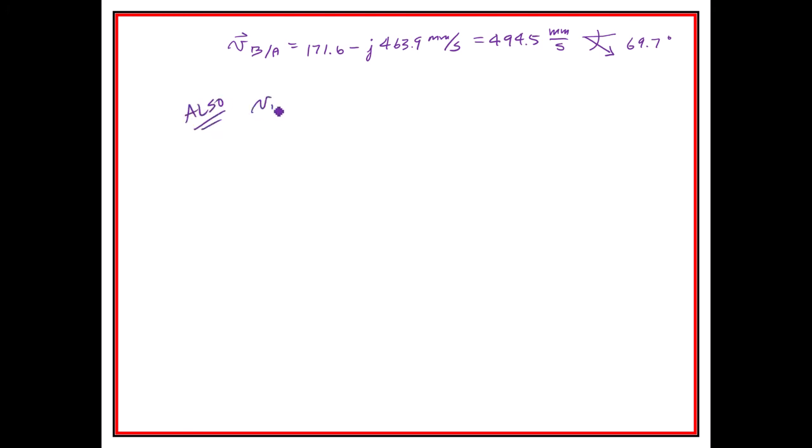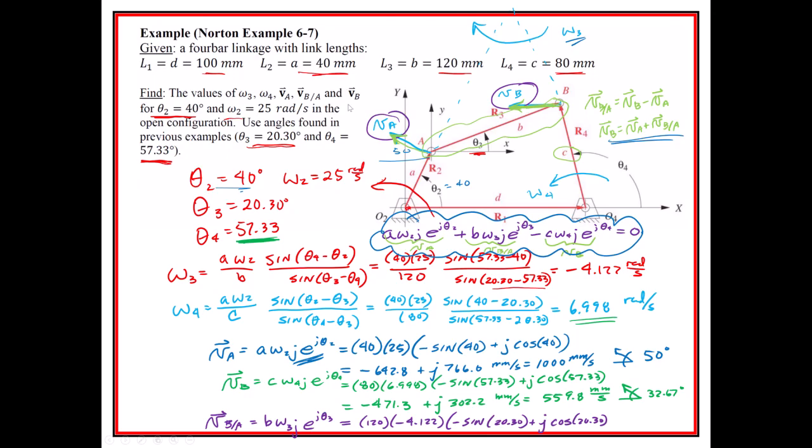We could have also found VB with respect to A by just taking VB and subtracting VA from it. So if we go back to the values that we got, that would be this minus that, right?